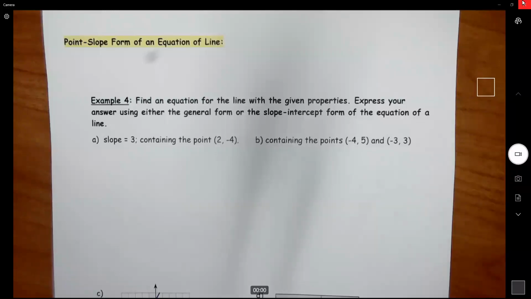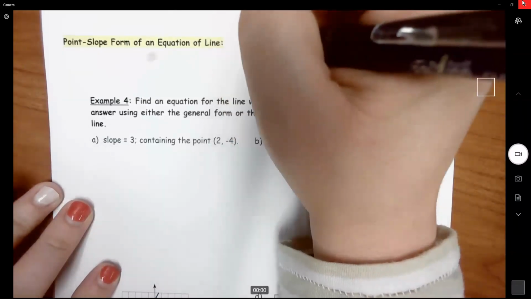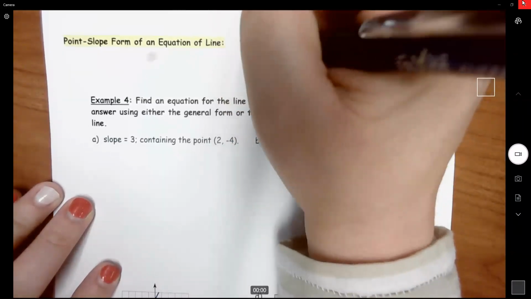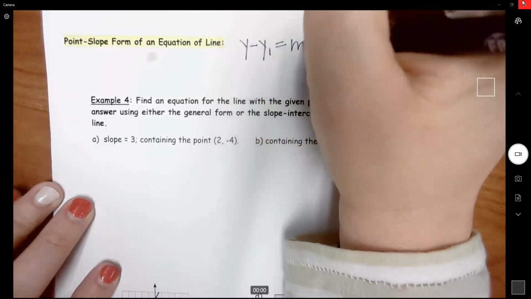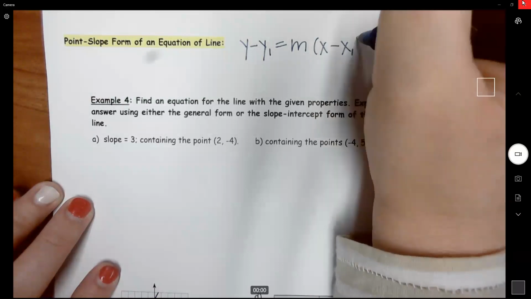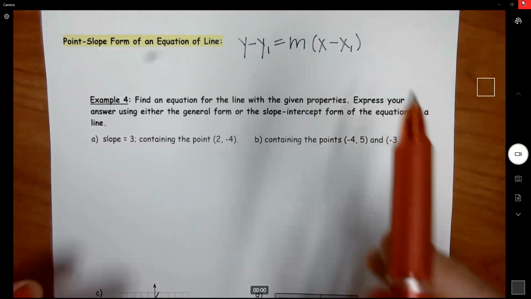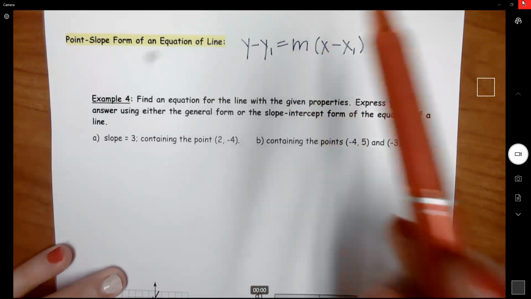In this video, we're going to go over point slope form of an equation of a line. Point slope form is another formula: y minus y1 equals m times x minus x1. So we already know what m is.